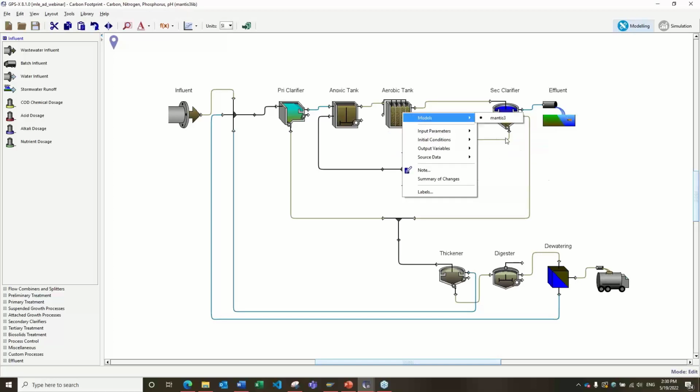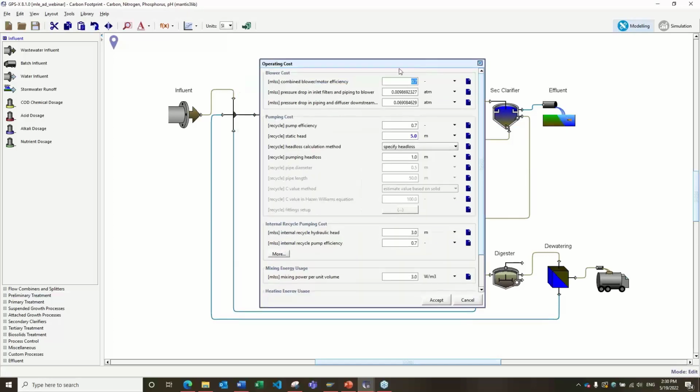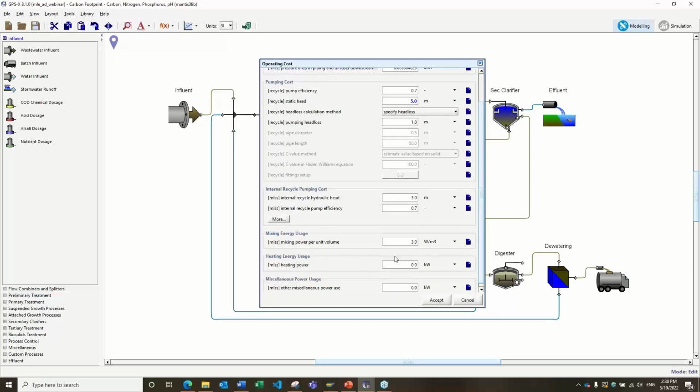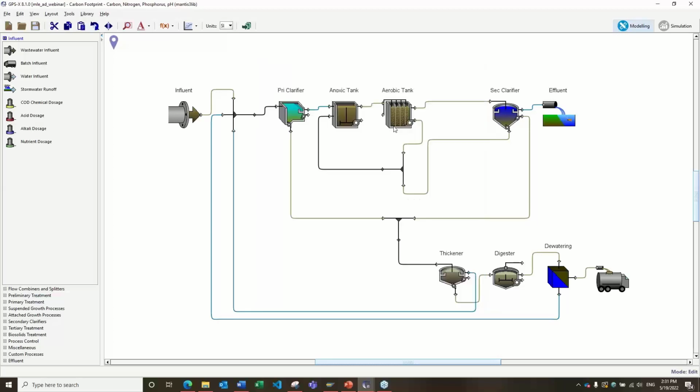What is going to affect this is some of the items that we have in the operating cost menu, in which we say what the efficiencies of our blowers or our pumps are. For example, in this case, there is an internal recycle pump, and what are the other miscellaneous sources of energy consumption? We would like you to take a look at it and set it up so that we have the right efficiencies of the equipment that we are using.